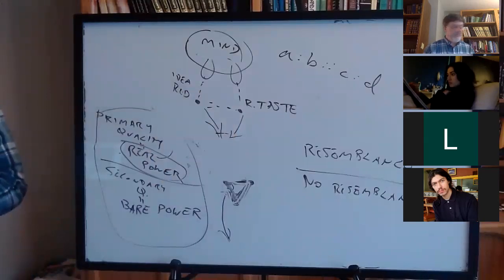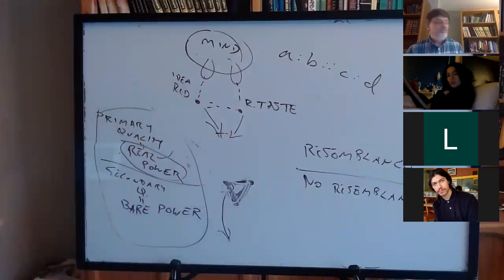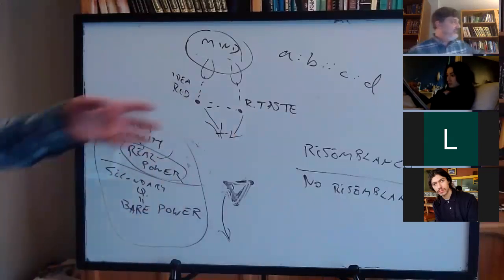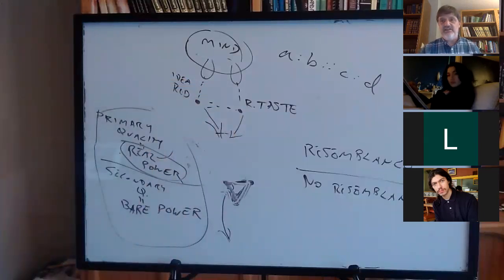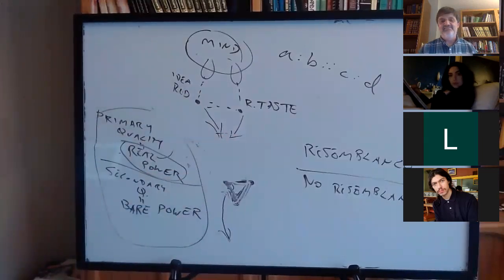Now, so far you might think, well, at least I know there's two of them. But I think the point is that without that one-to-one correspondence, I can't even say that. For all I know, these are the same power. Or rather, I'm not in a position to count this kind of power at all. Might be a better way to put it.